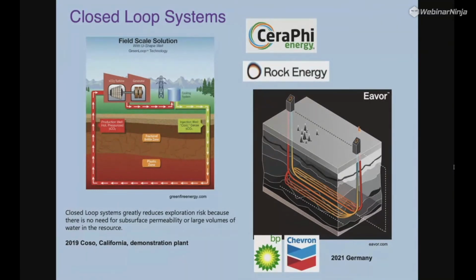Two big oil companies have invested in Eavor's technology. Another company in this sphere is Sage Geosystems. I'll not mention them in detail for time, but basically these closed loop systems are opening up a new area of geothermal utilization, and many companies are wanting to utilize this closed loop technology, such as Causeway Geothermal in Ireland.